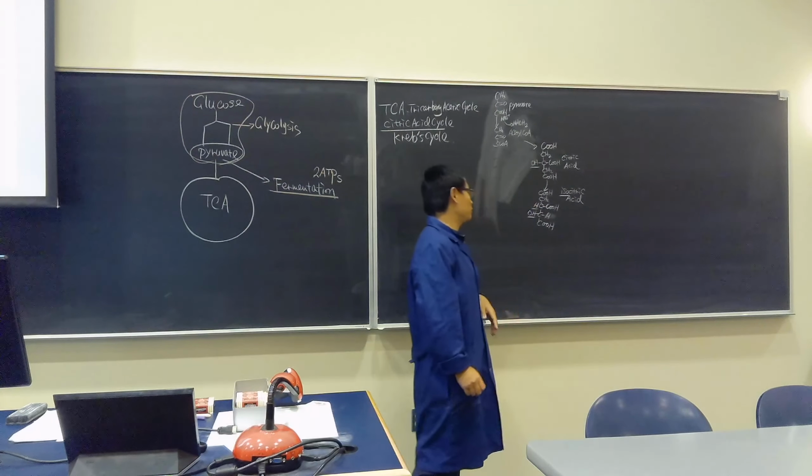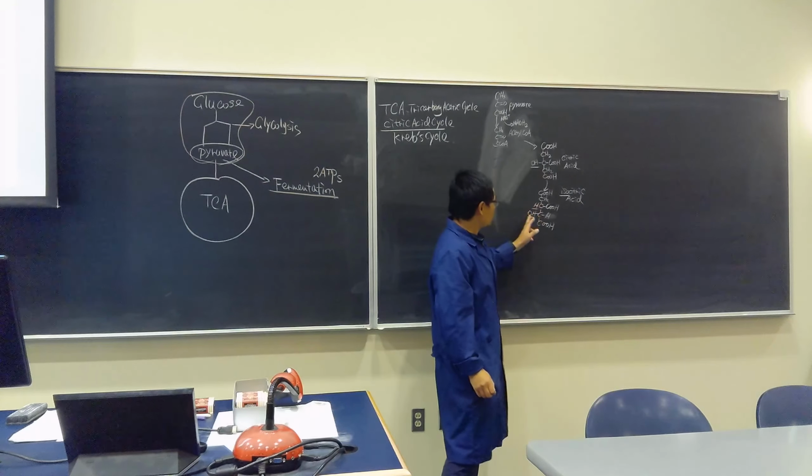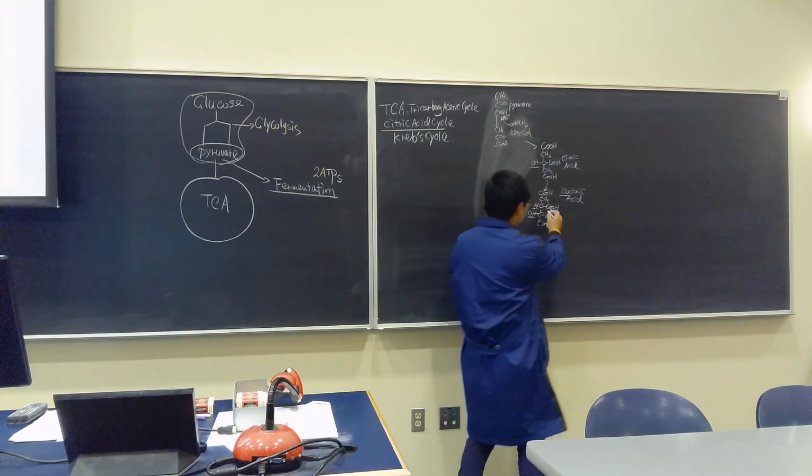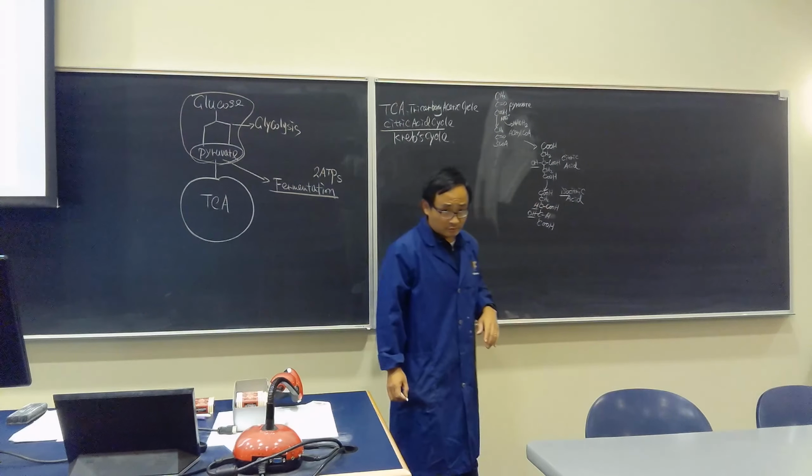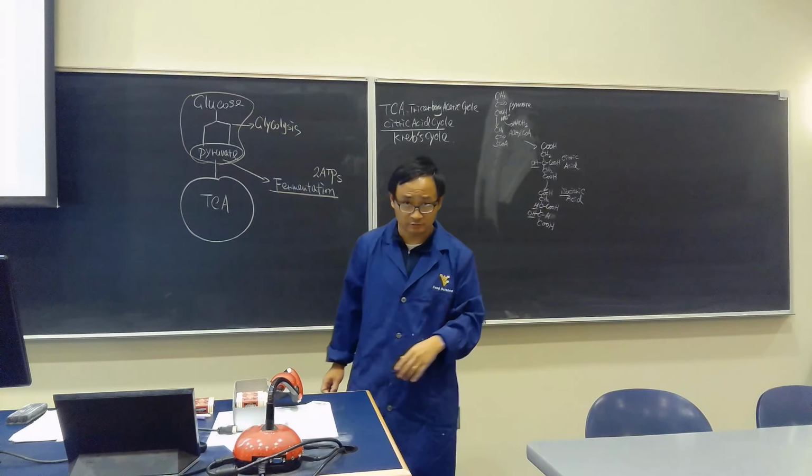Now, why does it want to do that? These types of bonds are a little bit weak, and look at so many COOH. This tells you something's going to happen. Because there are too many.